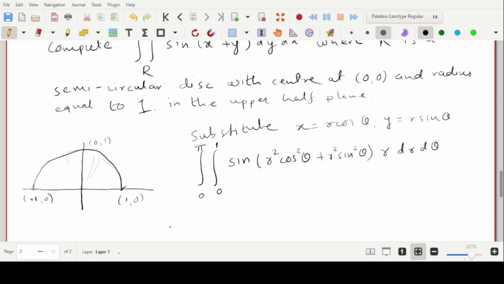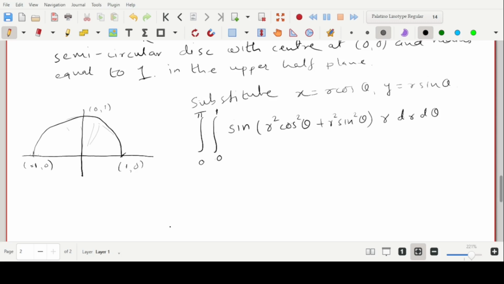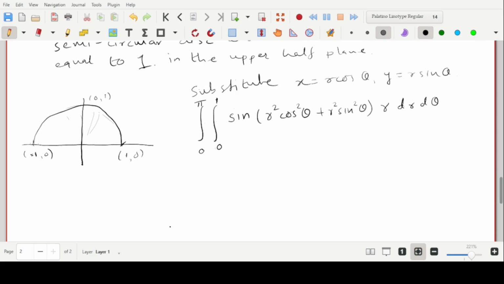So actually if we look at this region of integration in the r theta coordinate system, this is r, this is theta, it is actually again a rectangular region. So r varies from 0 to 1, this is 1, and theta is from 0 to pi. So it is actually this rectangle that we are integrating over.